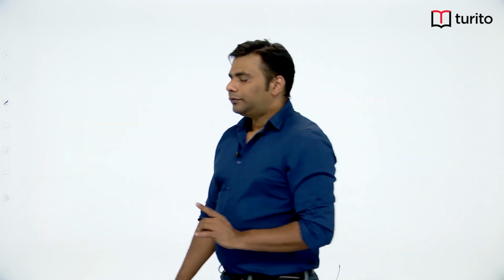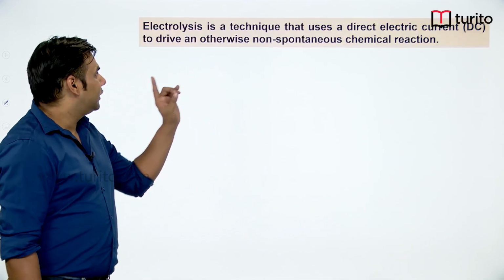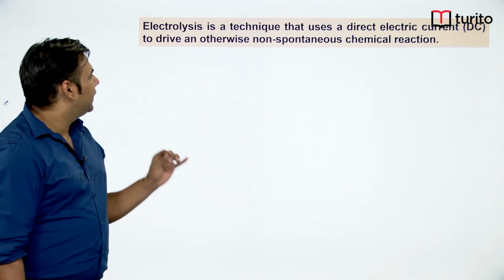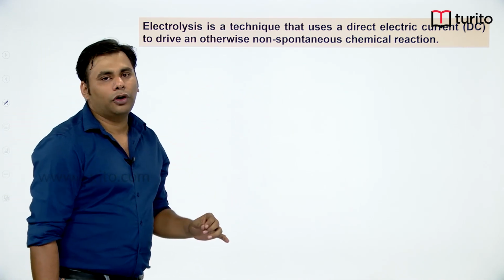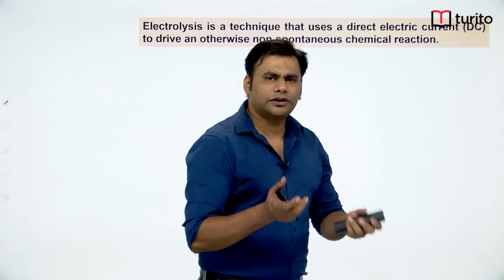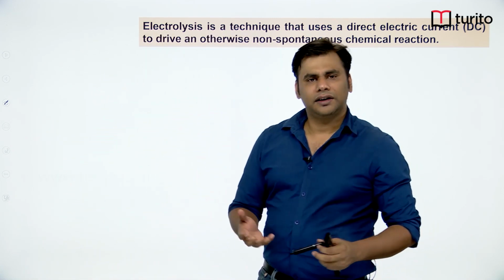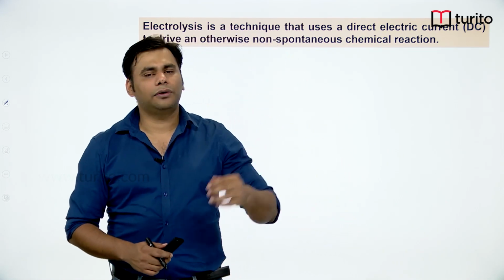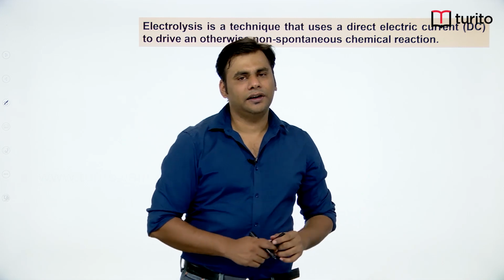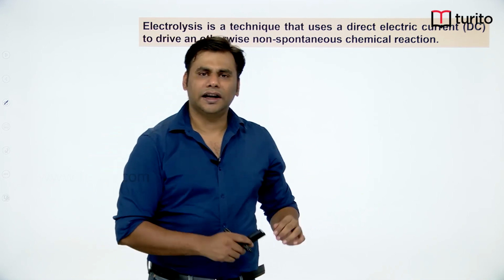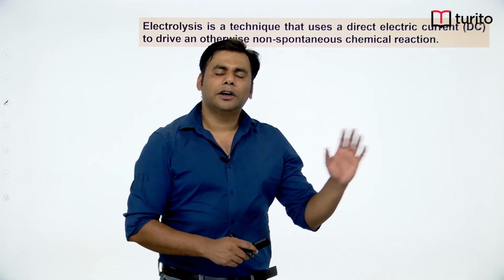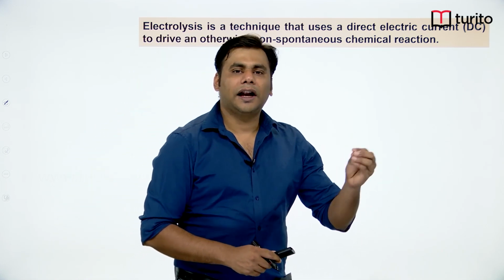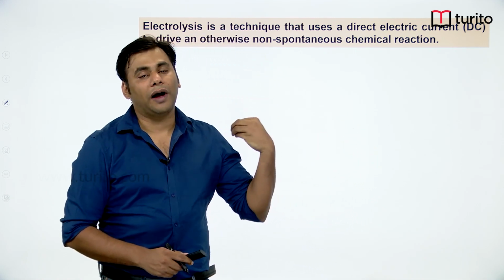If we talk about some more basic points, electrolysis is a technique that uses a direct current to drive an otherwise non-spontaneous chemical reaction. This is also very logical. During a galvanic cell we were carrying out a particular reaction that had delta G negative, so that was a spontaneous reaction. Now we are increasing the external potential and trying to go in the backward direction.